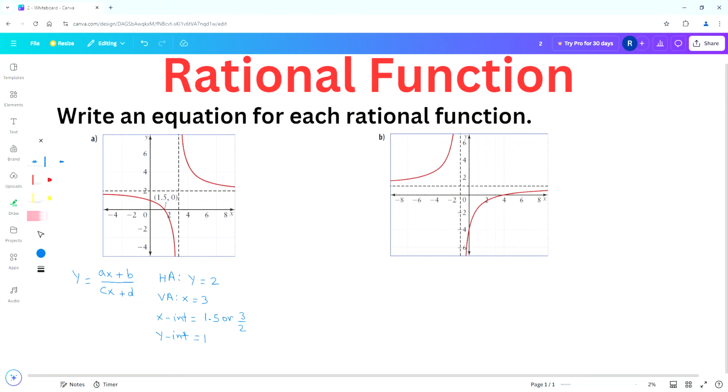Now we have to analyze the general equation. Let's start with the vertical asymptote. Vertical asymptote can be found by setting the expression in the denominator equal to 0 and solving for x.